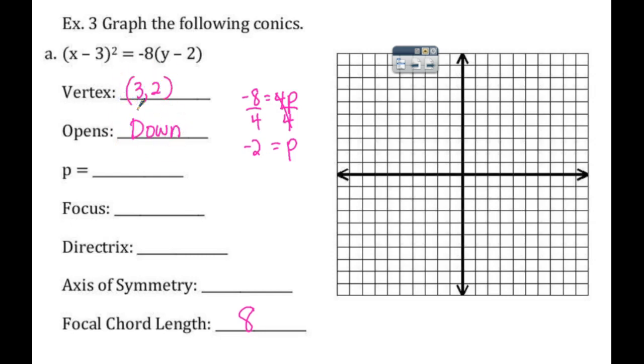So let's go ahead and graph that. We found that p was negative 2. So now I have to find the focus. From the vertex, I'm counting down 2. So there's my focus right there. What point is that? 3, 0. So for the directrix, I count up 2.